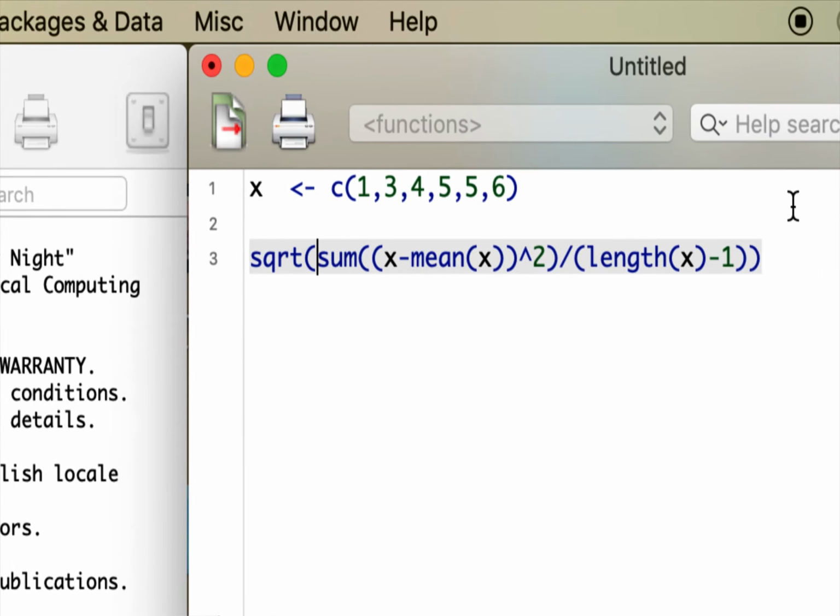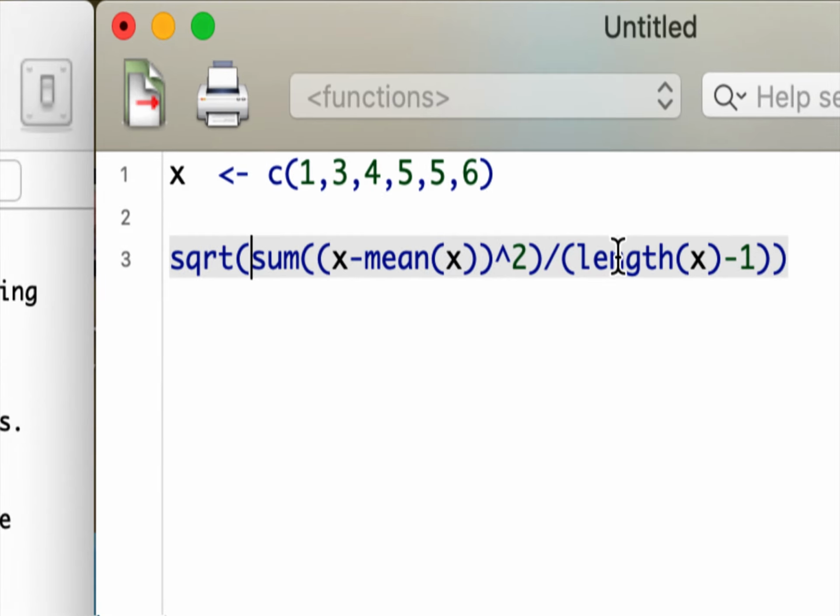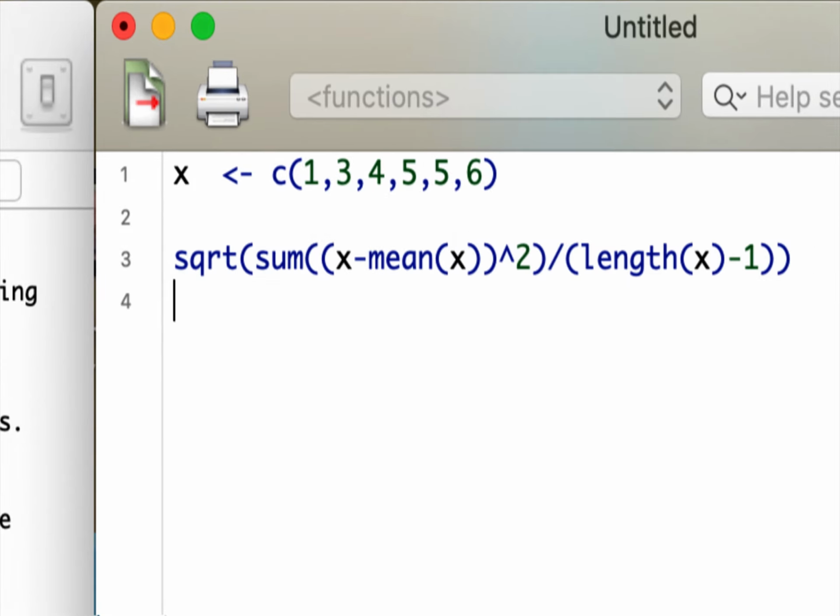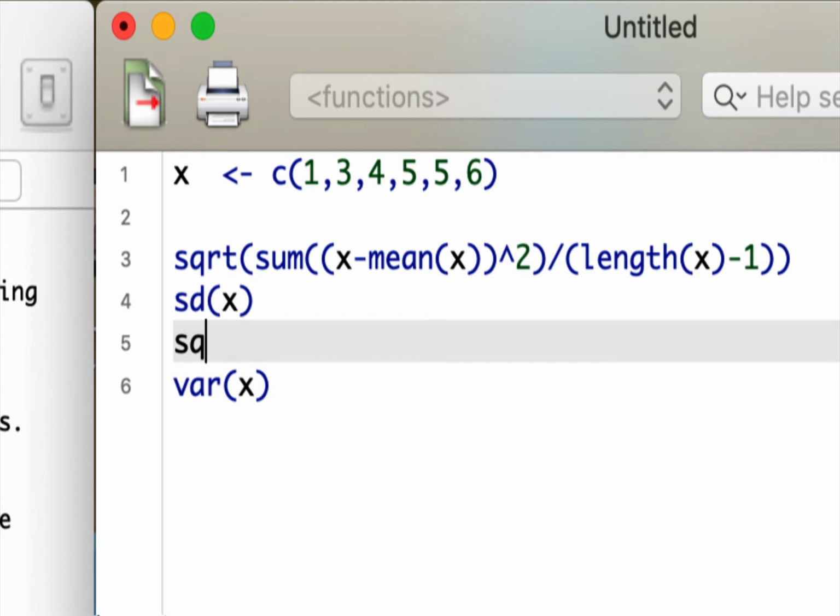Right, so there is our standard deviation. Zoom in a little bit better so you can see that. The other way to do it, of course, would just be to do sd of x. Quite a bit simpler. The variance is equal to the var of x, which means, I guess, that you could also technically say the square root of the variance of x.